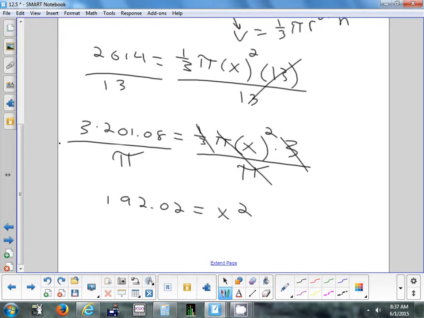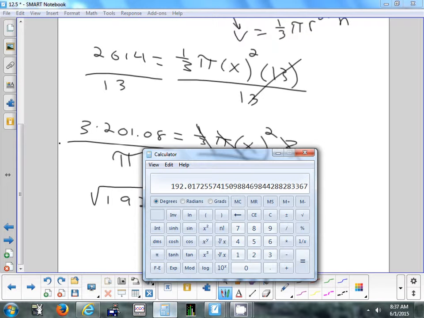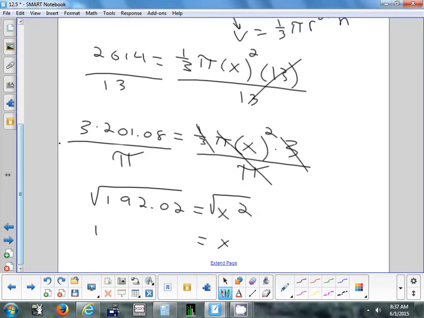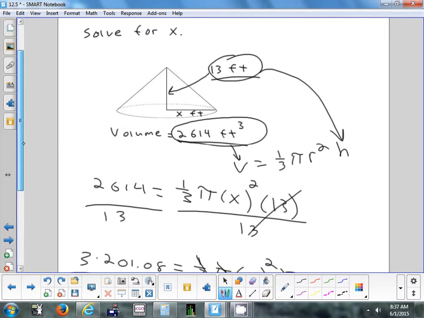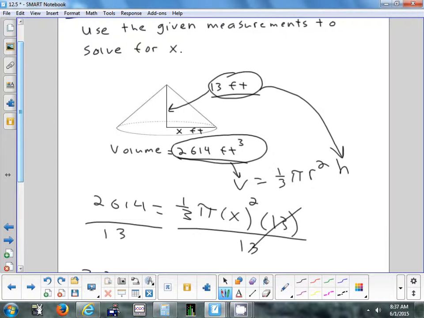And now your last step, take your square root. And we get about 13.86. Now, is 13.86, let me scroll back up, that's x. Is x the volume? No. What is x here?